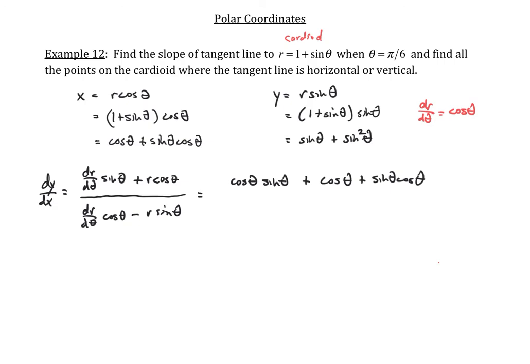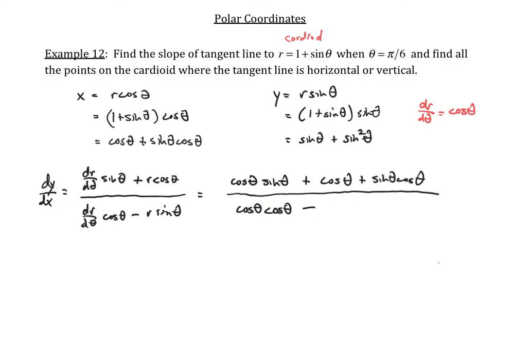Okay, cool. So what about the denominator? Let me put the line there. Our dr/d theta we just said was cosine of theta, and then we have cosine theta minus the r sine theta right here. That's really the same as y. So we're going to write this, but we should make sure that we put that in parentheses because there's a negative here.